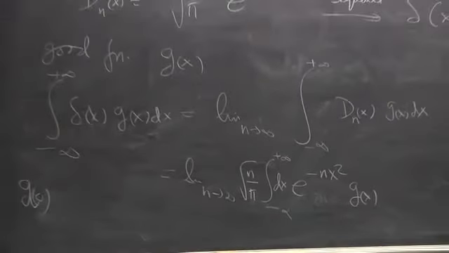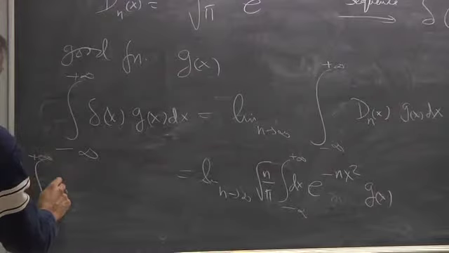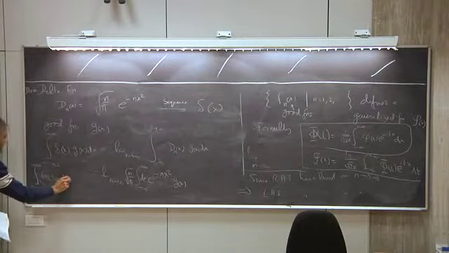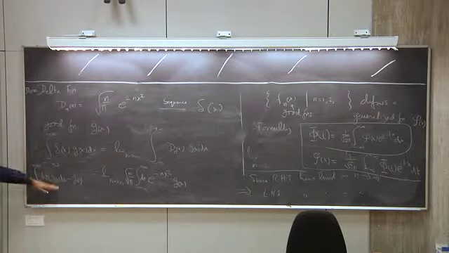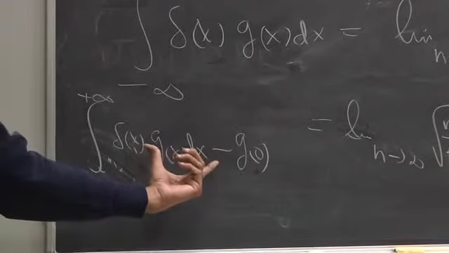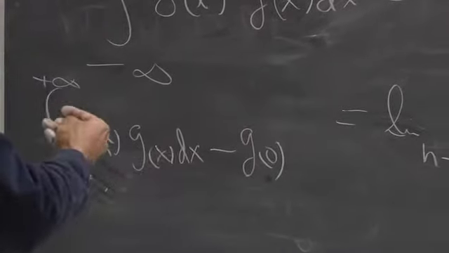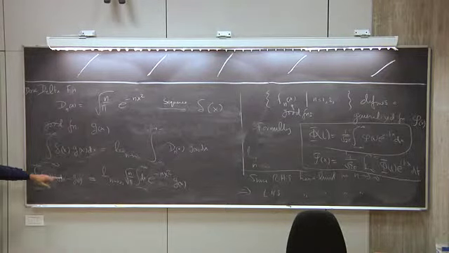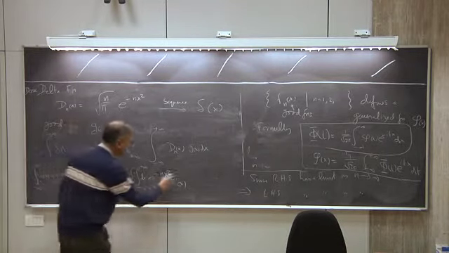So let us take the difference between these two: the integral of delta x g x dx minus g of 0. You expect this to be equal to zero, so let us see the difference. What we will show is that the difference is 0. That difference is equal to the first term, which I've written down, and the second term I can write like this.